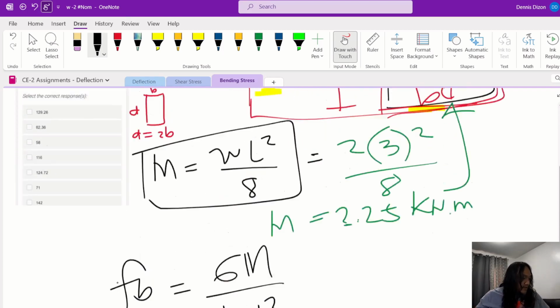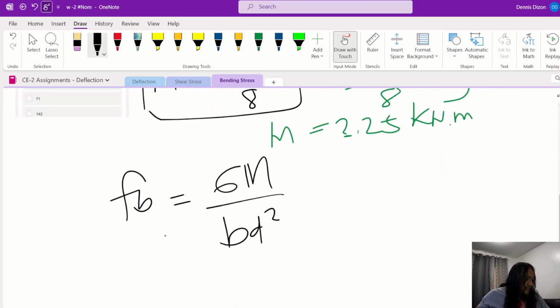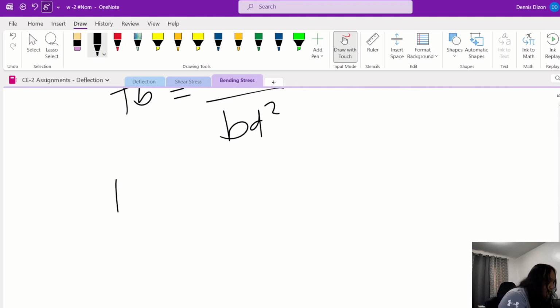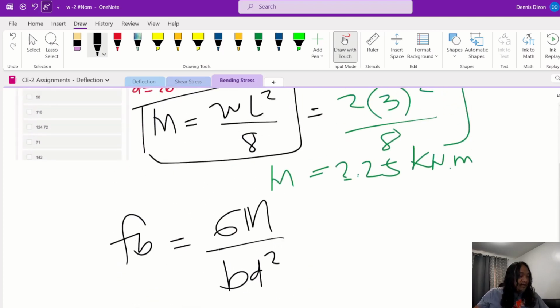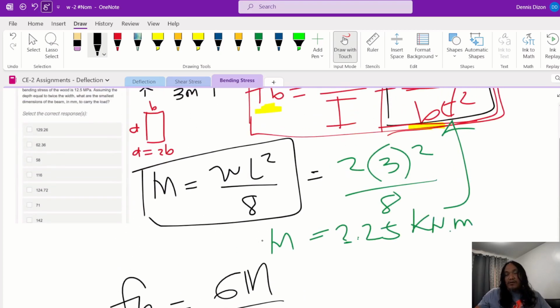How much is the bending stress? 12.5. Now this is in megapascal, so this is mega, or times 1000 kilonewton per meter squared. We will convert it into kilonewton because our moment is in kilonewton meter.